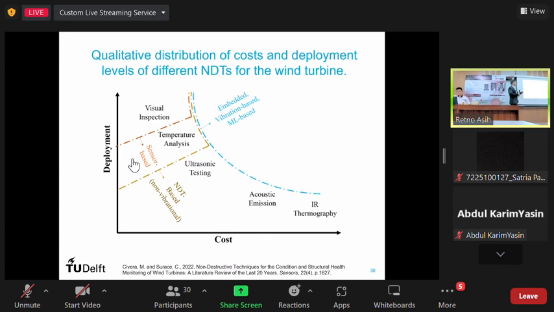And then we have sensor-based solutions like temperature analysis or vibration-based methods, and non-vibration methods like ultrasonic techniques, acoustic emission, thermography, and a few other things. But you see that you have a higher cost for the system, and also they are not as easy to deploy as they should be.